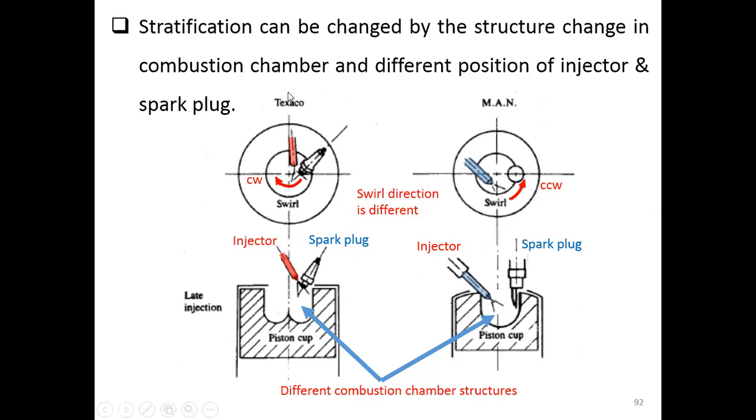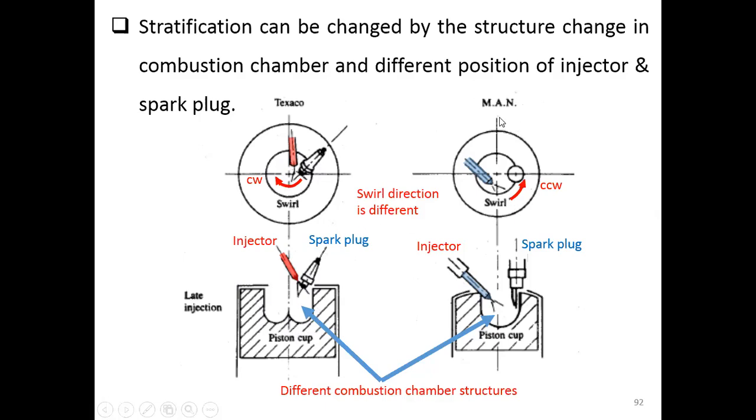For Texaco, they put the spark plug near the injector here. The injector and the spark plug are put close together, and the shape of the combustion chamber looks like this. By using this configuration, the swirl of the fuel or the mixture will be in the clockwise direction like this.